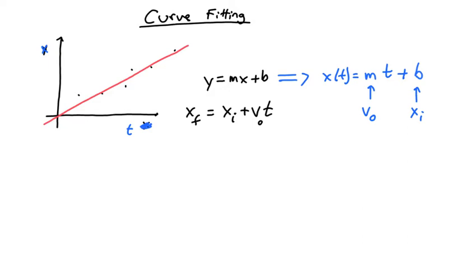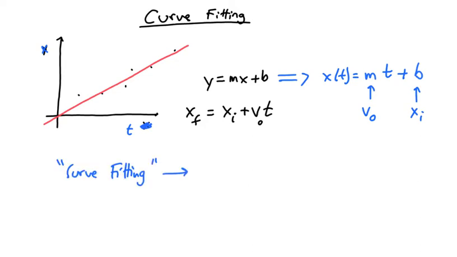So in this manner, we can use the data, which we've taken in some way to get the x and t positions, and figure out the parameters by using what's called curve fitting.